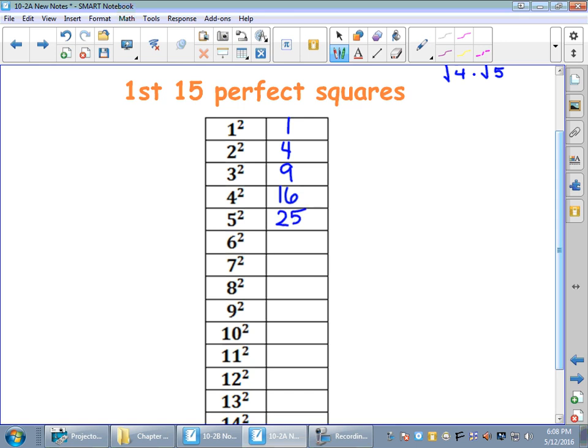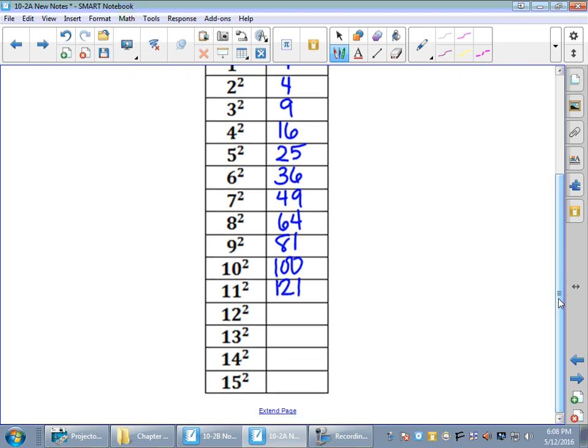Then you've got 25, 36, 49, 64, 81, 100, 121, 144, 169, 196, and 225. So you should be set.